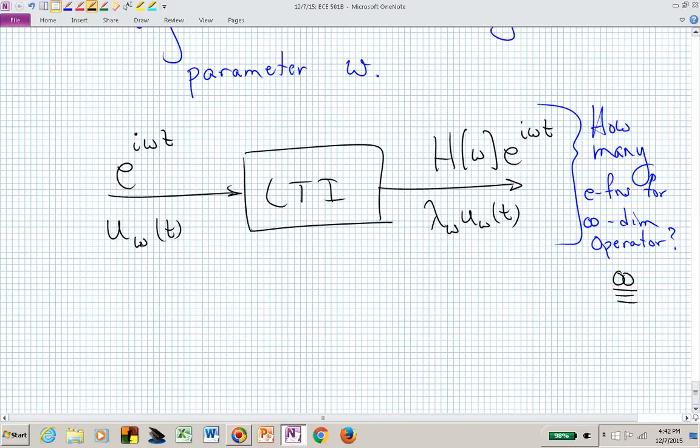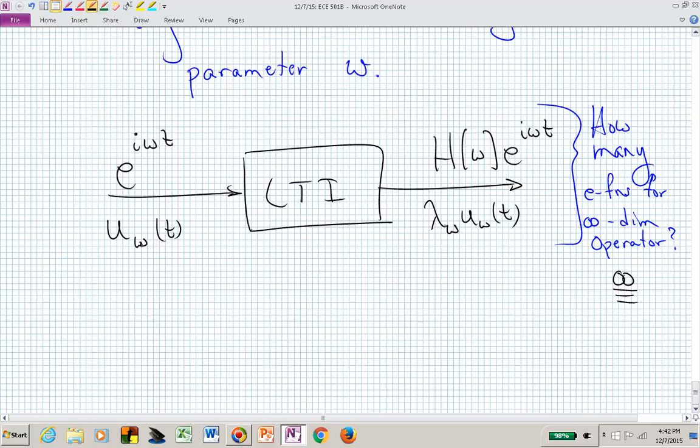You're now exciting that circuit with cosine omega t. After all the transients have disappeared, what are you going to see throughout that circuit? And I just keep shaking at that frequency.